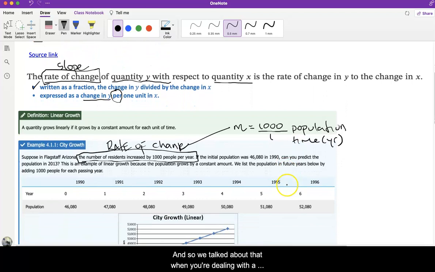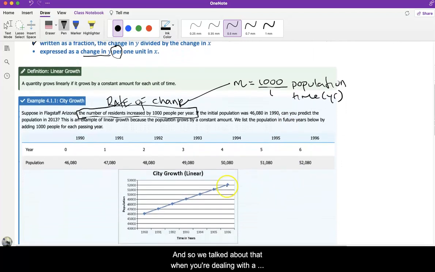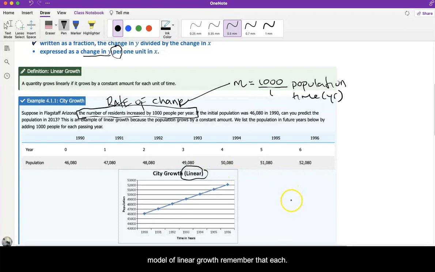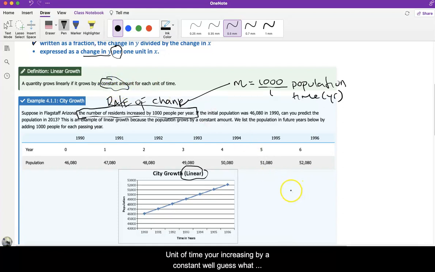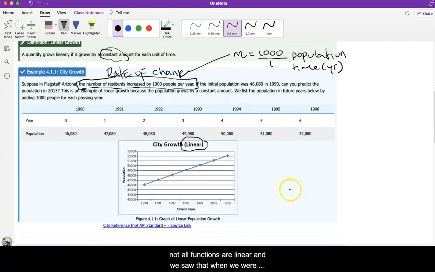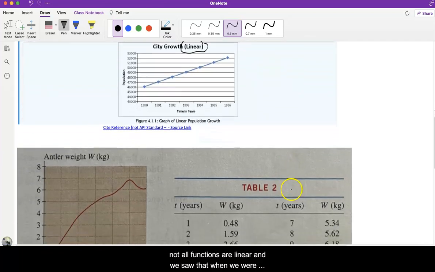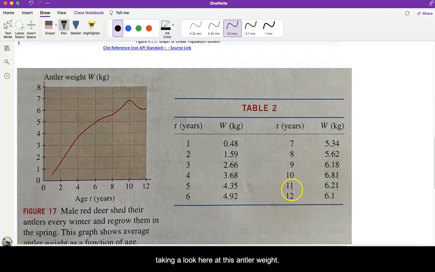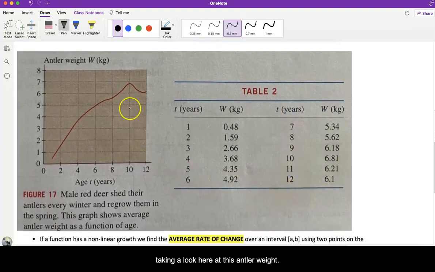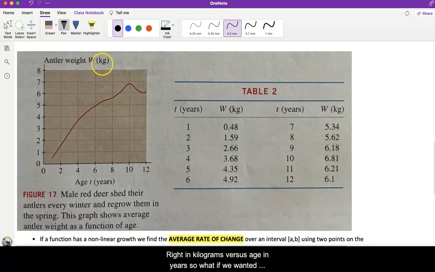We talked about that when you're dealing with a model of linear growth, each unit of time you're increasing by a constant. Well, guess what? Not all functions are linear. We saw that when we were taking a look at this antler weight, in kilograms, versus age in years.